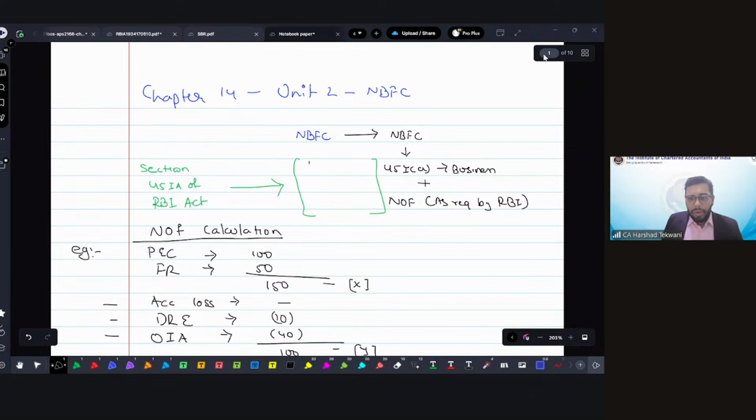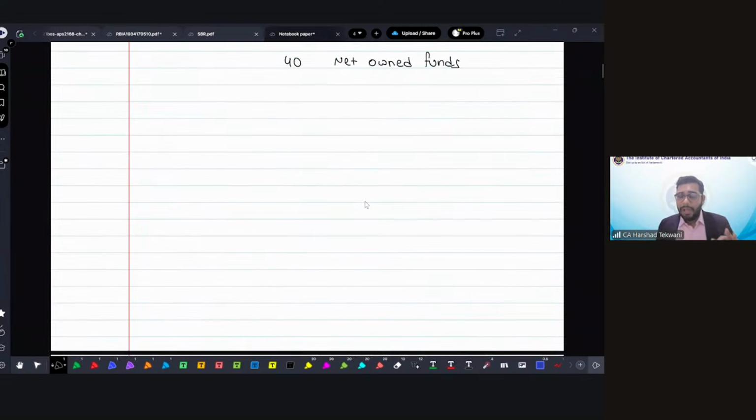Laws and regulation. This is nothing but the RBI Act that we are talking about. But we need to understand what are the classifications of the NBFC. Reason being, based on that, we will now understand what are the further laws and regulations which are applicable to an NBFC.